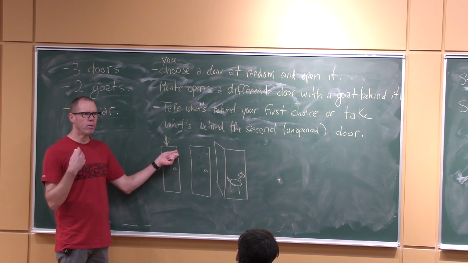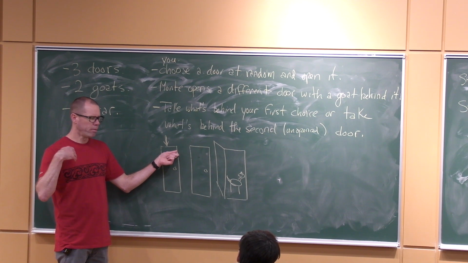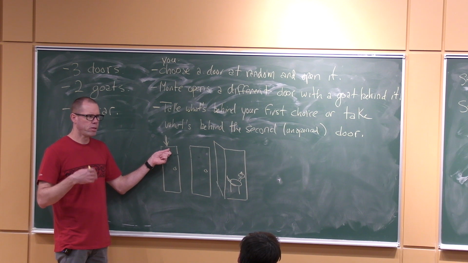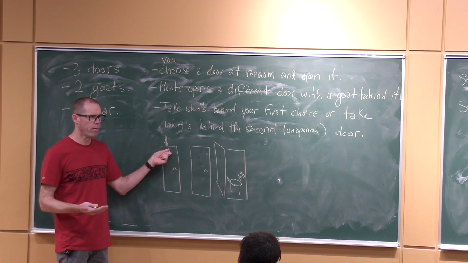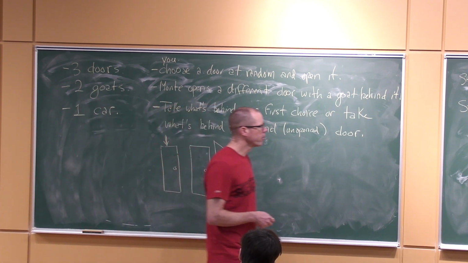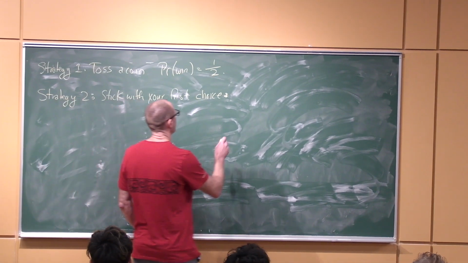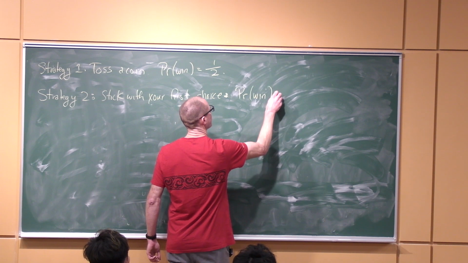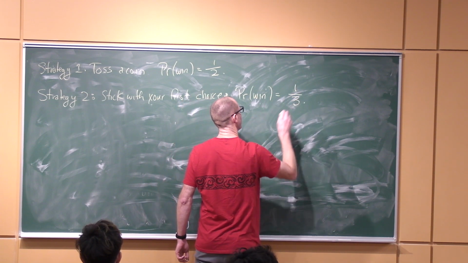So really, I'll only win if my choice was the one with the car behind it. And the chances of that happening is 1 out of 3, right? So in that case, the probability of winning is 1 out of 3.